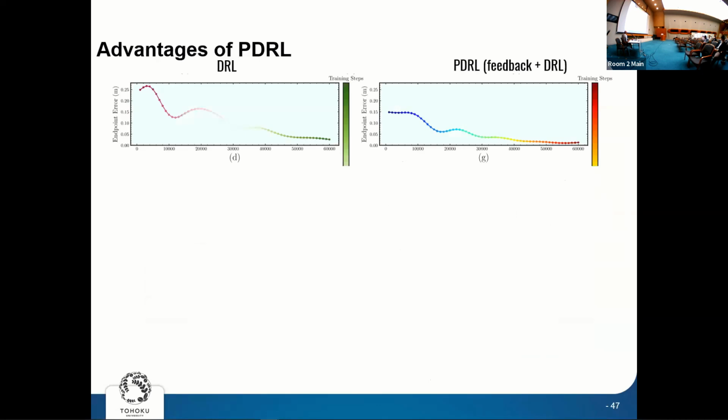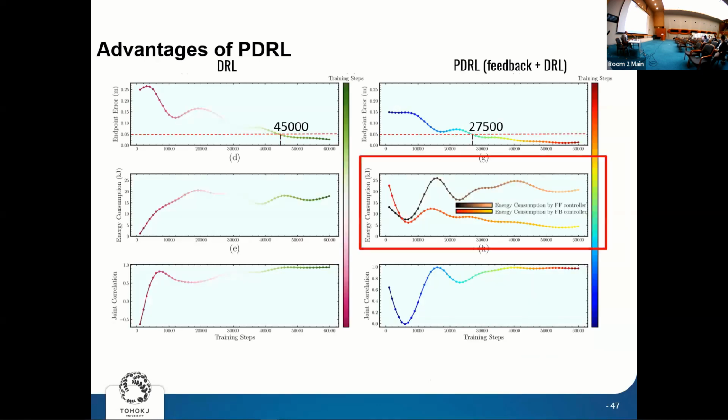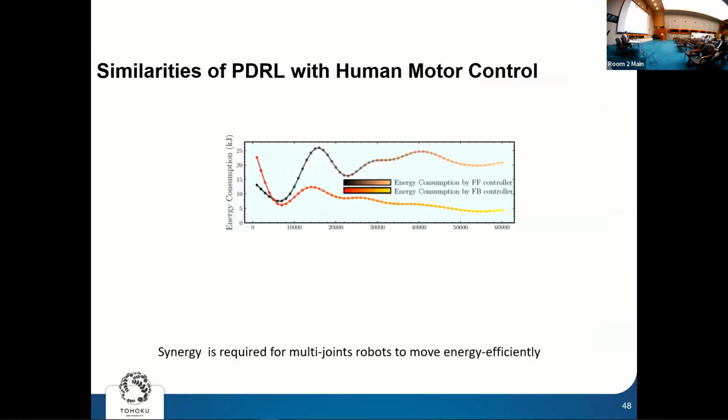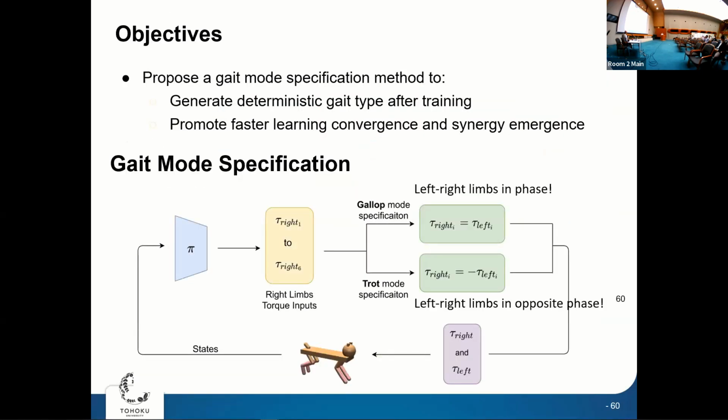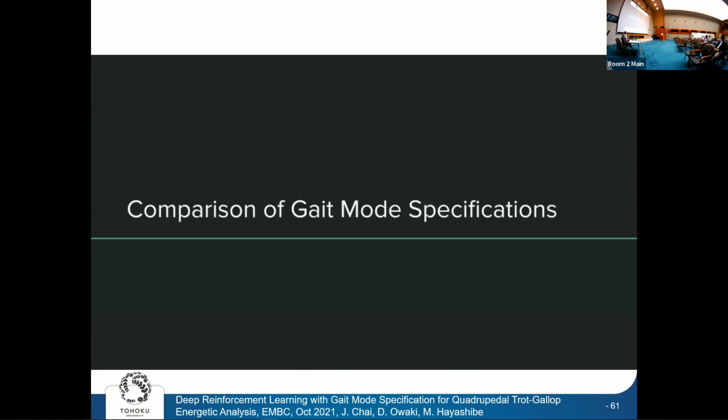Okay, time is limited, so let me go a little faster. We also have the process where initially feedback control is dominant, but after that feedforward compensates and takes over from the feedback. This is the same as human motor learning. After that, we can also control the modes of gait.